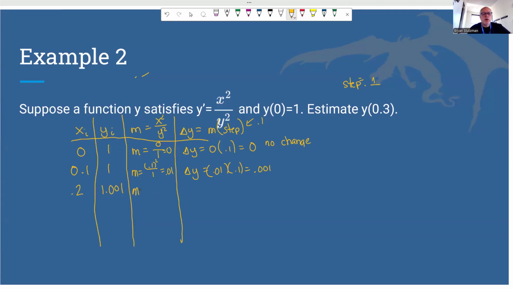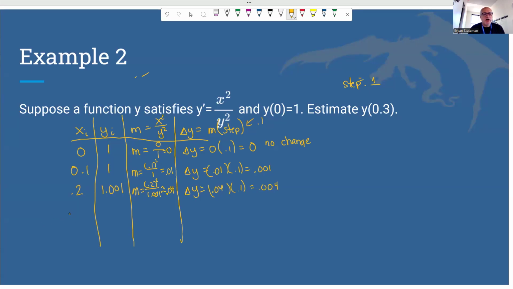My slope is 0.2 squared divided by 1.001, which is not exactly, but really close to 0.04, a little bit less than 0.04. Delta y is going to be 0.04 times 0.1, or 0.004.